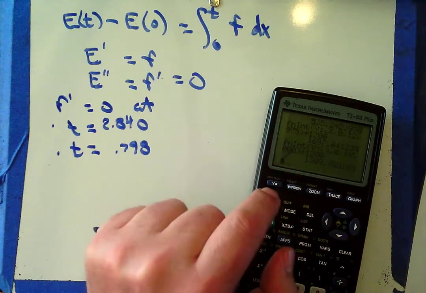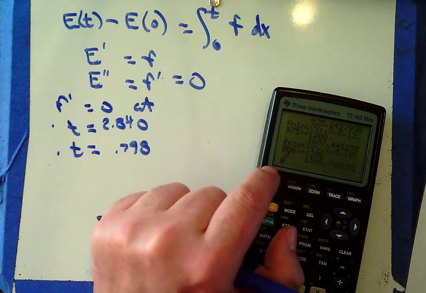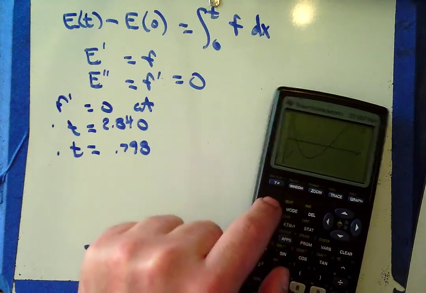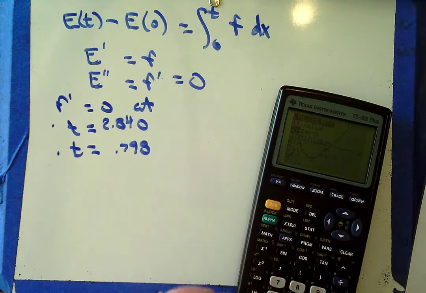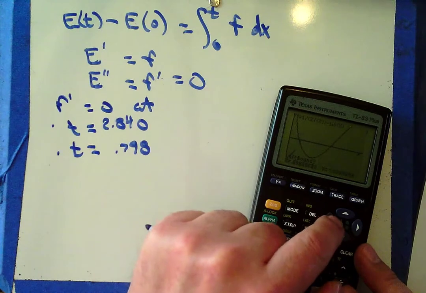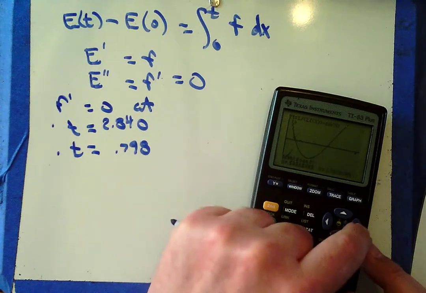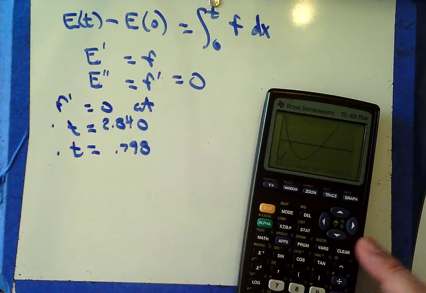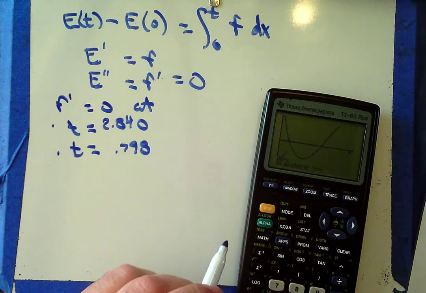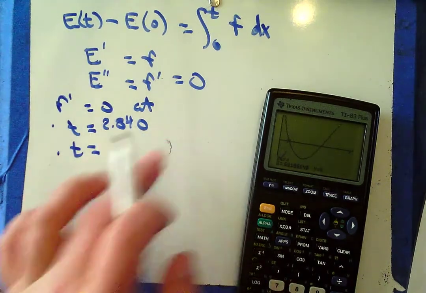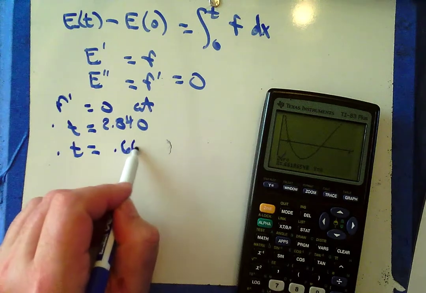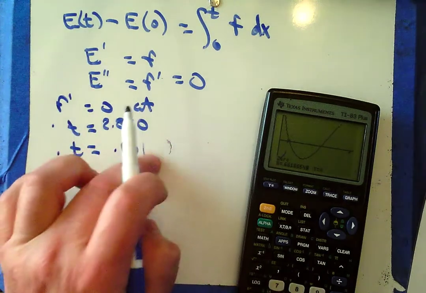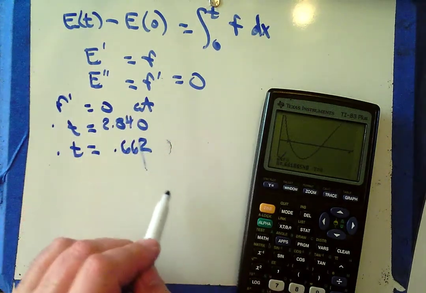I'm still in radians, good. And I'm graphing, and I'm doing second calculate 0. I want to be to the left. I want to be to the right. And I hit enter. Ah, there we go. I don't know what happened before. I'm a silly Billy. 0.662.